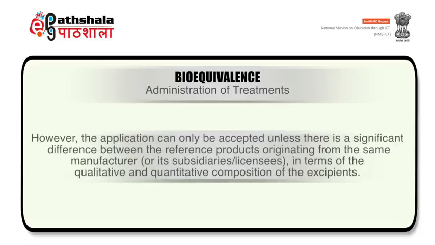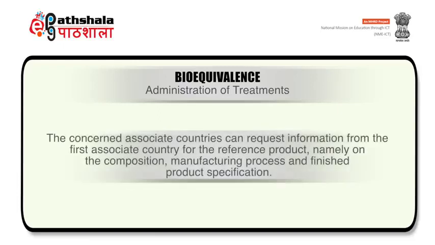However, the application can only be accepted unless there is a significant difference between the reference product originating from the same manufacturer in terms of qualitative and quantitative composition of the excipients. The concerned associate countries can request information from the first associate country for the reference product, namely on the composition, manufacturing process and finished product specifications.